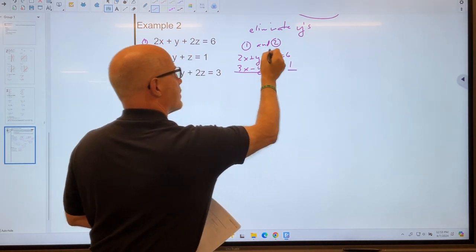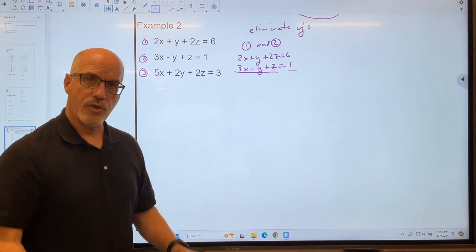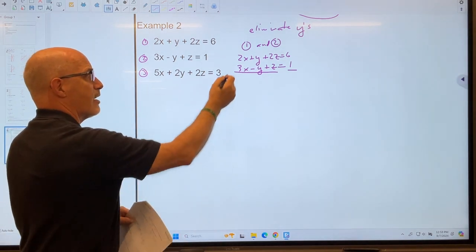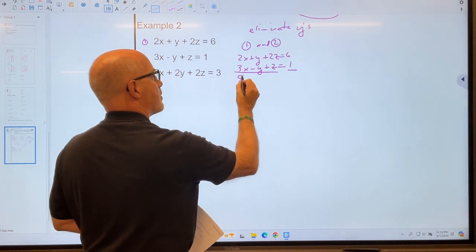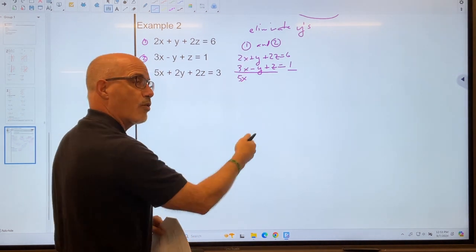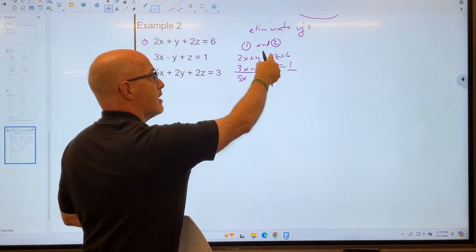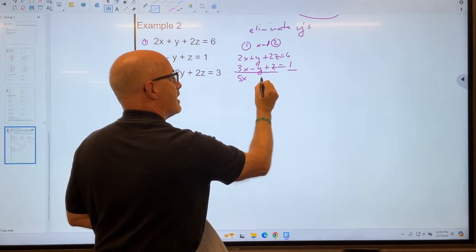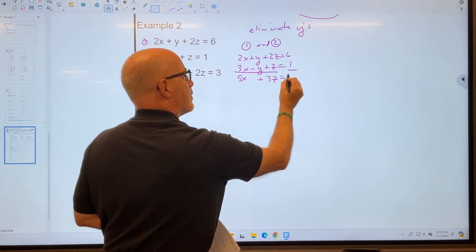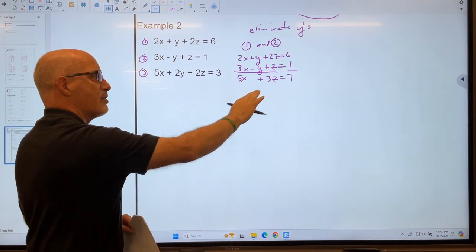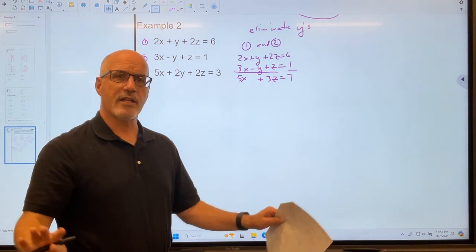Clearly labeled which ones I chose. Show your elimination by adding straight down. So 2x plus 3x is 5x. No more y's when I add those straight down. 2z plus 1z is equal to 3z. And 6 plus 1 is equal to 7. There's an equation, y eliminated.